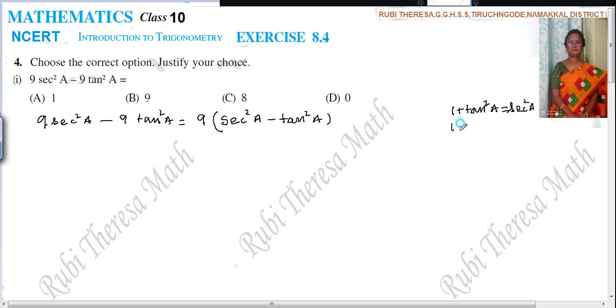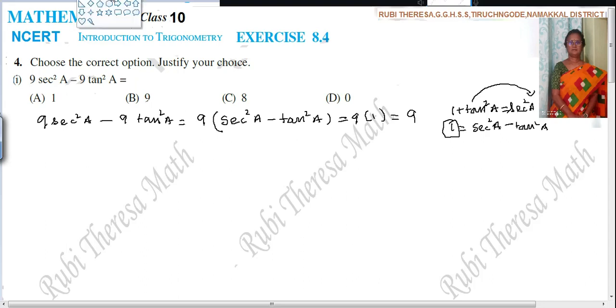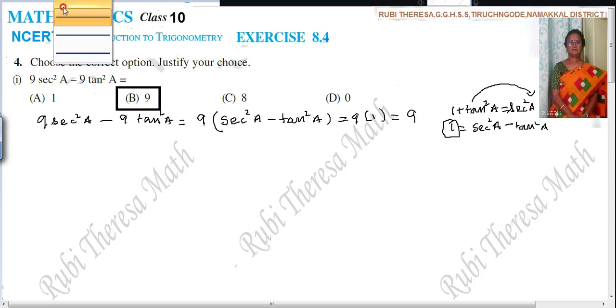So 1 equal to secant squared A plus tan squared A, when it comes to RHS, minus tan squared A. So secant squared A minus tan squared A is nothing but 1, isn't it? Therefore 9 into 1, that is equal to 9. So what is the answer? Option B. This is the answer. Do you follow?